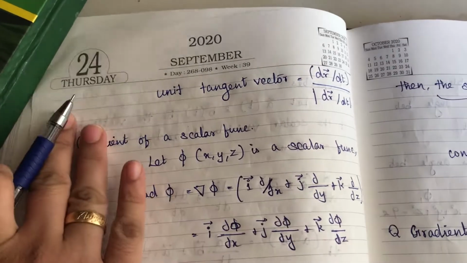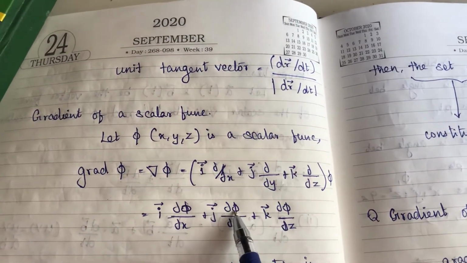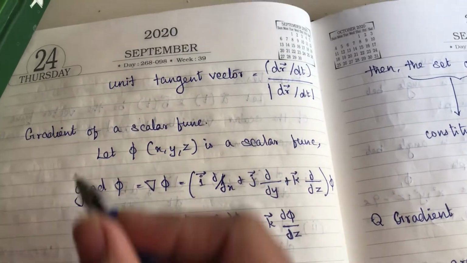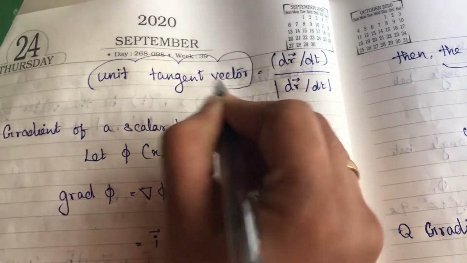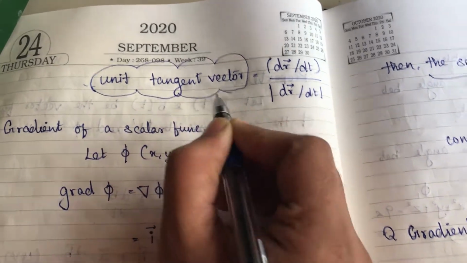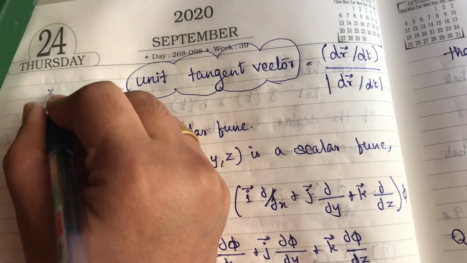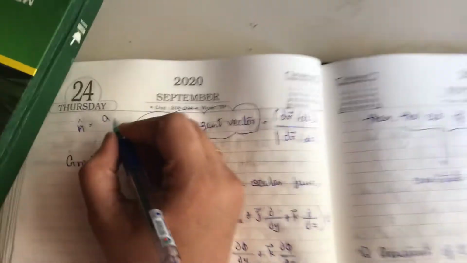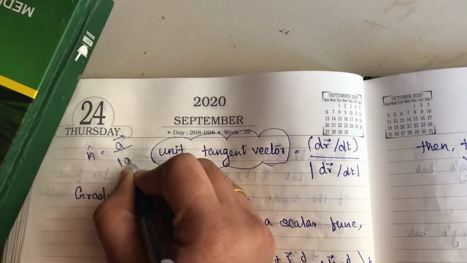Okay. Next one, unit tangent vector. What is this unit tangent vector? What is the meaning of unit? Unit means we always divide the vector by its modulus, like n cap. Just remember n cap, which is equal to a vector by modulus of a vector.